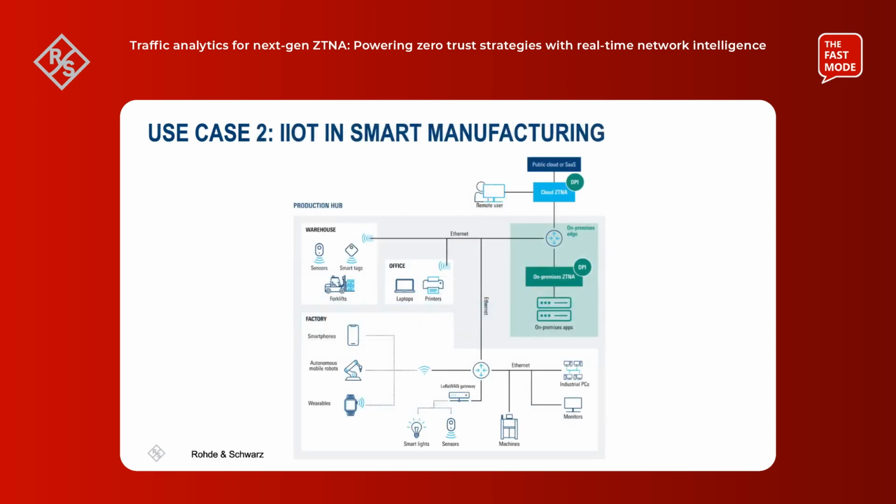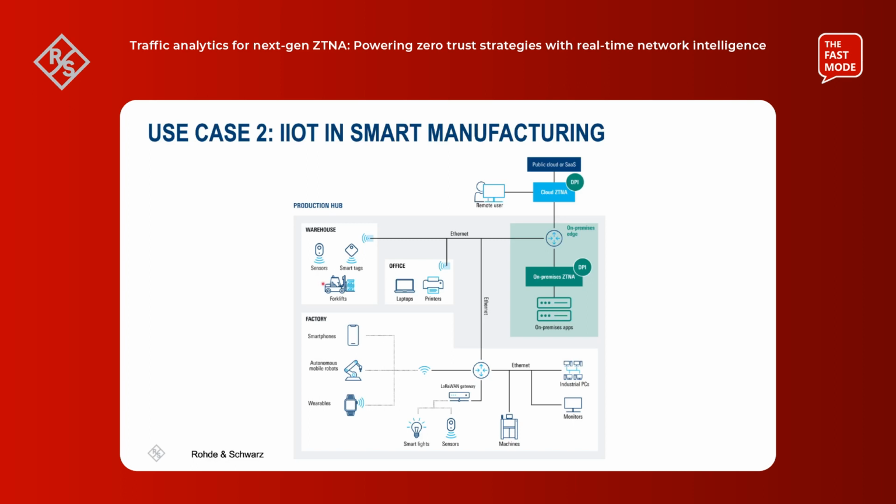Another typical use case is IIoT, Industrial Internet of Things. That domain is key in industry within smart manufacturing, where high-speed, low-latency applications control and manage a wide range of IoT assets and infrastructure.